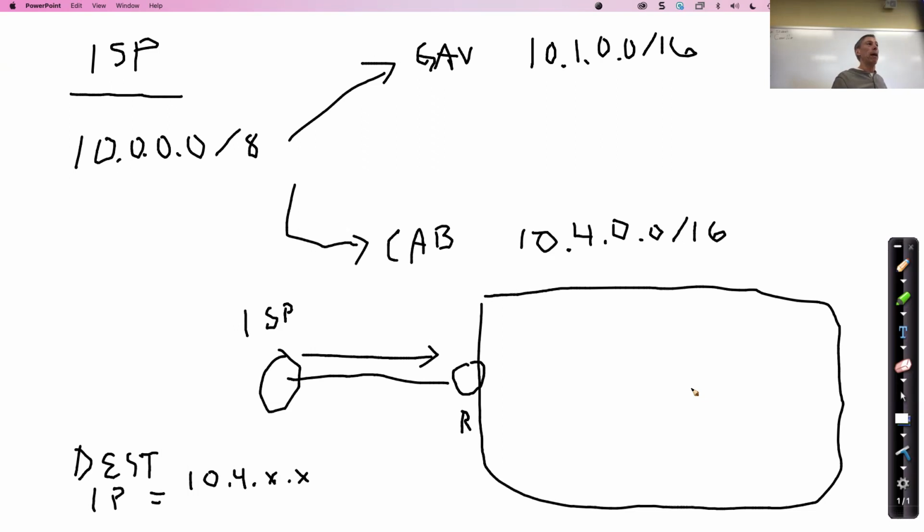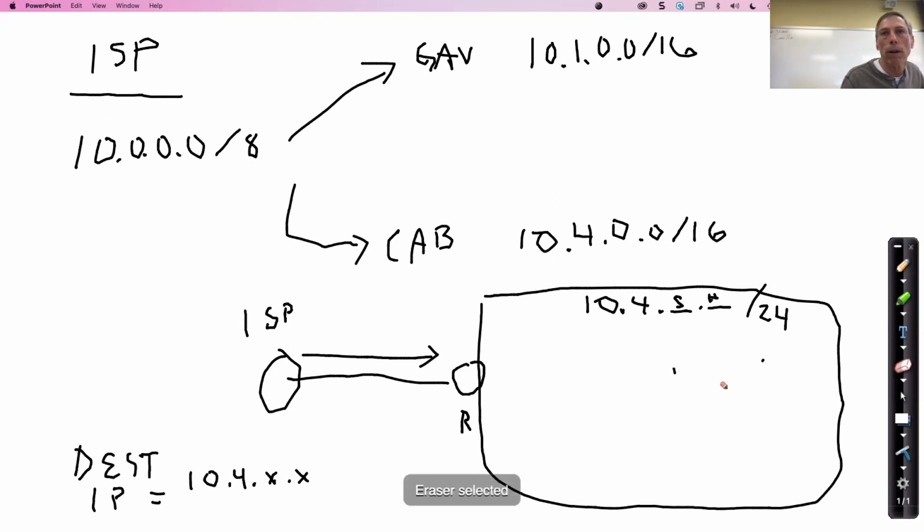But let's say we do subnet. We decide internally to subnet as 10.4, and then this will be the subnet ID, and then the host. So we're going to do /24. So internally, maybe we have a 10.4.1.0/24 network.